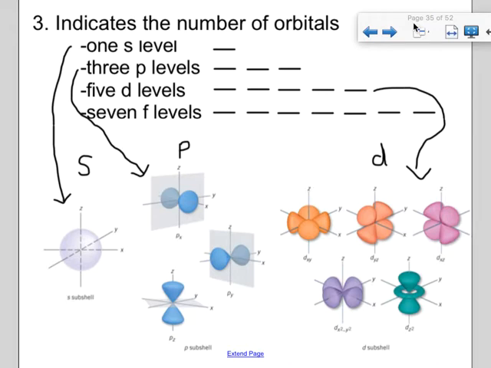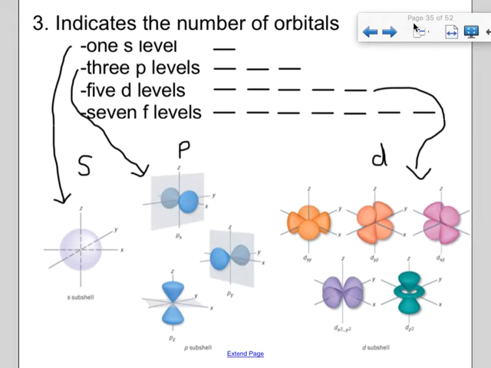We're going to represent electrons by arrows, up arrows and down arrows. The S level has just 1 dash. The P level has 3 dashes, or 3 orbitals.